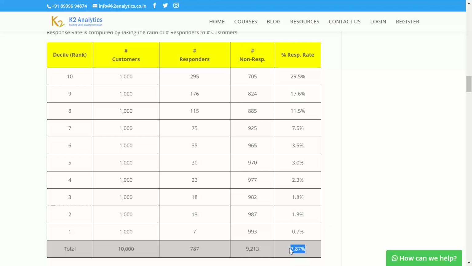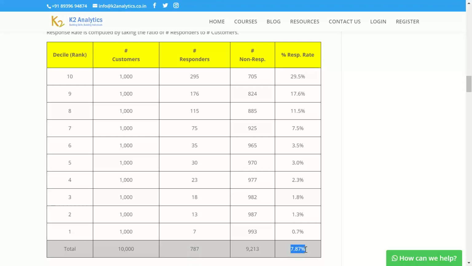So let us try to understand this. What this table is trying to tell you is, if you randomly target 10,000 customers based on your campaign, it has been observed that 787 people have responded. That is, you get a success rate of 7.87%.